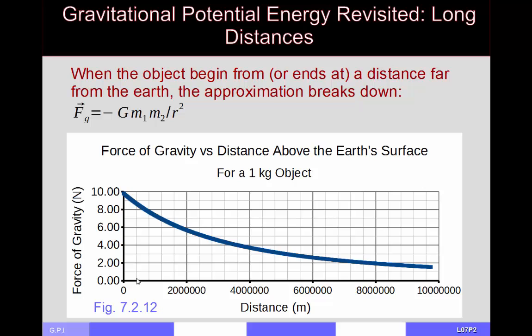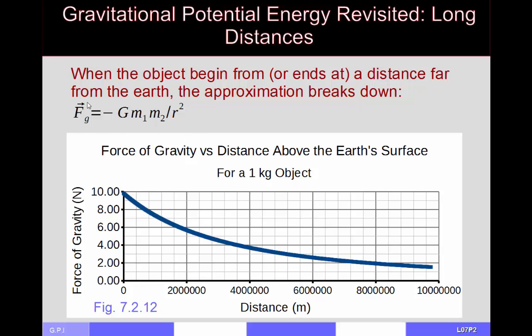And so each box here represents a newton times 200,000 meters, or in other words, 200,000 joules. So if you want to figure out how much energy it takes to lift some object from the Earth's surface to some given height away from the Earth's surface, you can just count how many boxes it takes to fill in under that curve and multiply by the number according to your scale, in this case 200,000.